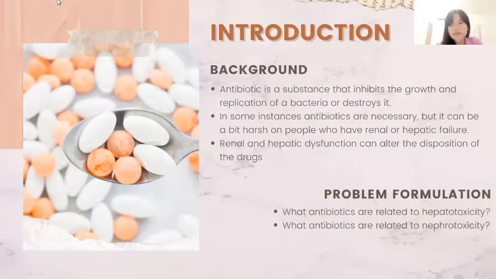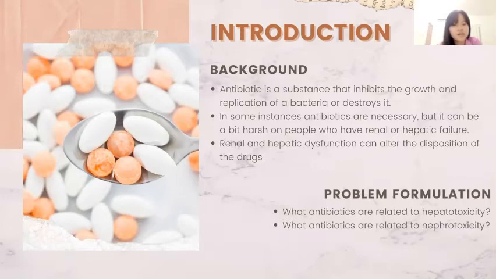Okay, my name is Phoebe Escalante and my student ID is 200251169, and I'm going to explain about our background. So first, the antibacterial, or more commonly known as the antibiotic, is a substance that inhibits the growth and replication of bacteria or destroys it. Even though in some instances antibiotics are necessary, it can be a bit harsh on people who have renal or hepatic failure, since medication that is consumed is eliminated by the liver and kidney.